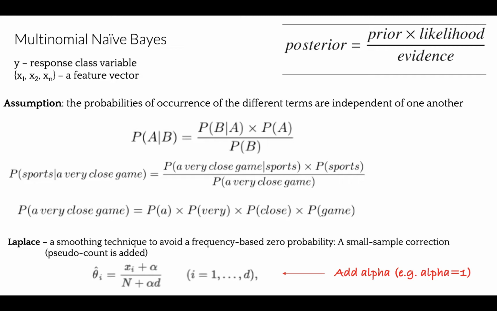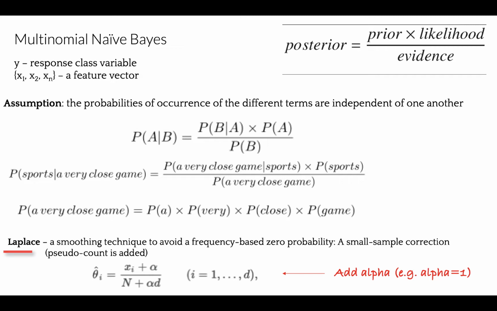Now we need to remember our assumption is that the probabilities of occurrence of different terms are independent of one another. So the probability of the string "a very close game" will be the probability of each word multiplied. And since we're dealing with a sparse matrix, remember some frequencies will be 0, and to avoid zero probability in our formula, we will use the Laplace smoothing method.